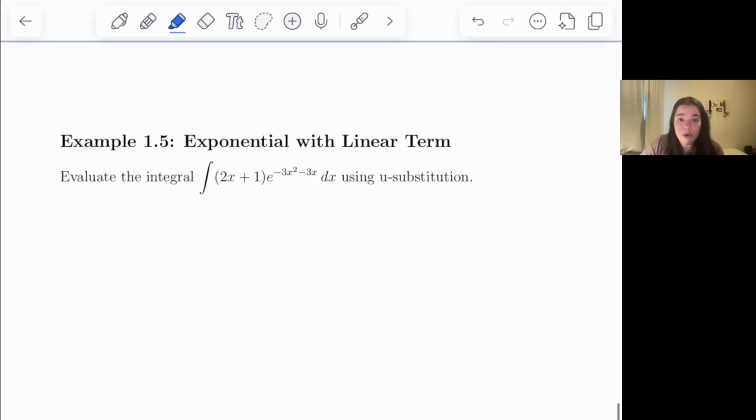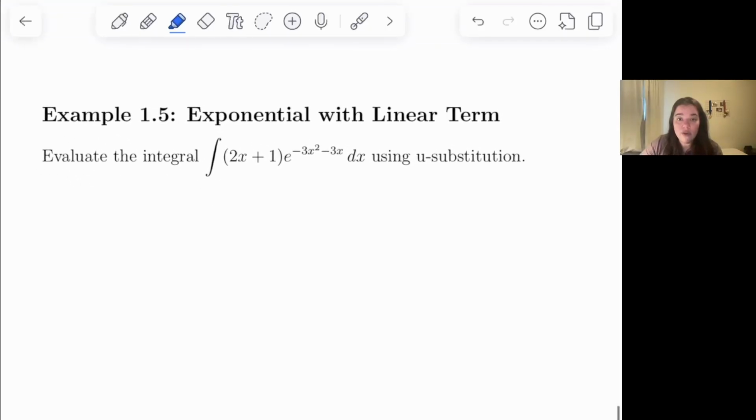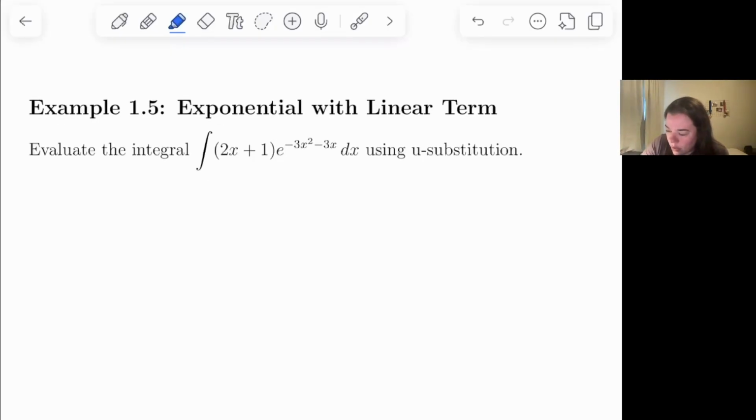This one's a little bit more complicated, but does still involve that e function. So again, we look at this problem and we ask ourselves, do I see a function and some version of its derivative present? This one is really tricky to see without prior experience. But I look up here and I see negative 3x squared minus 3x.